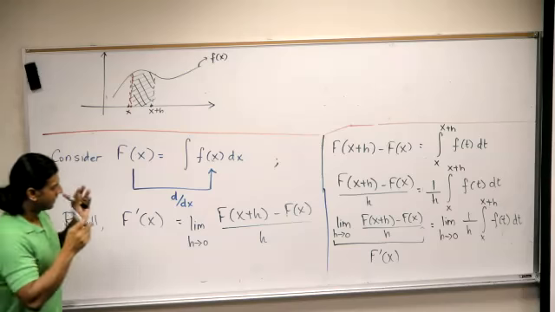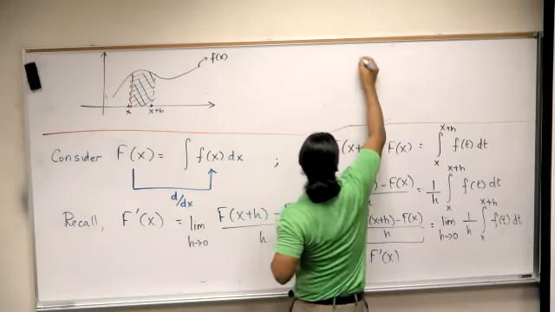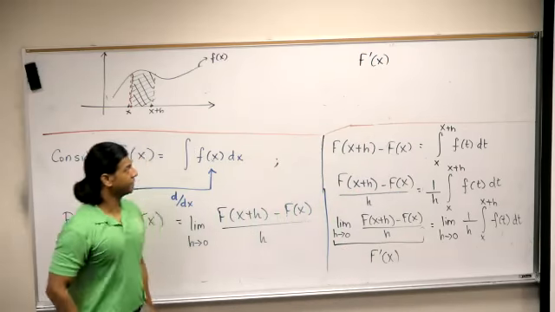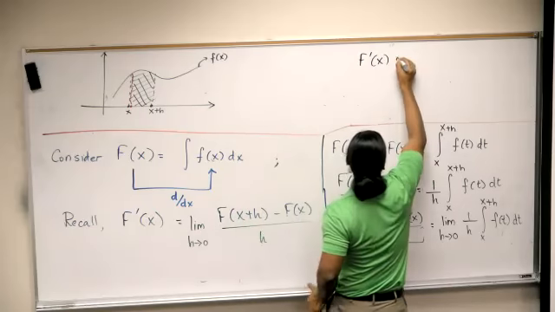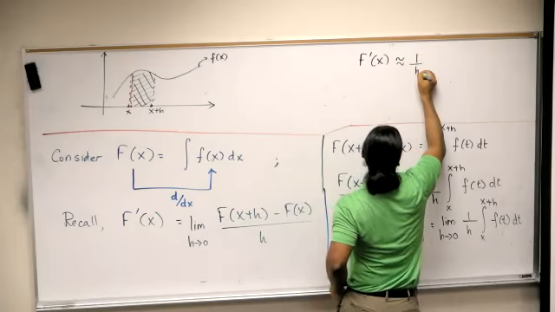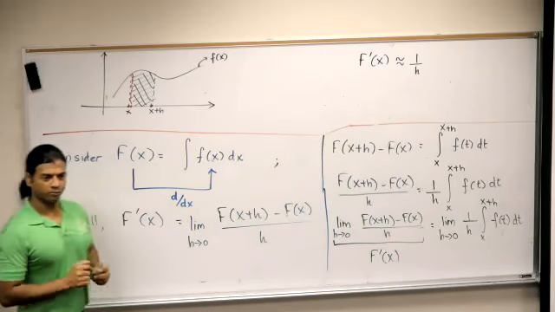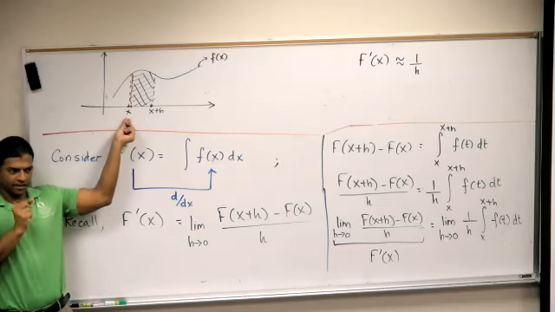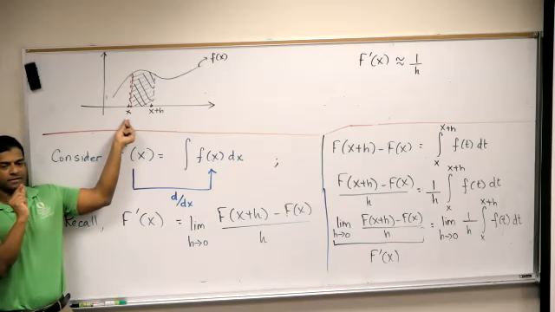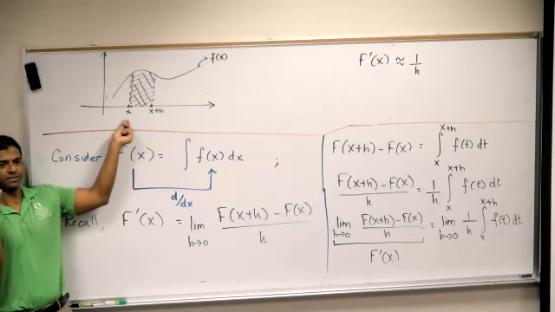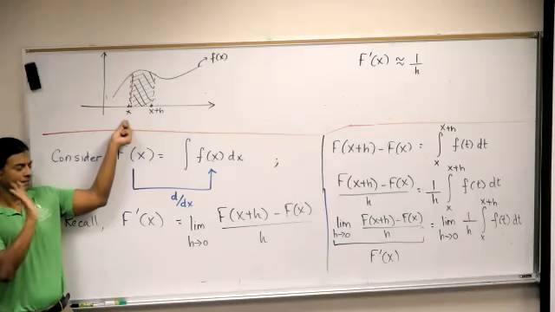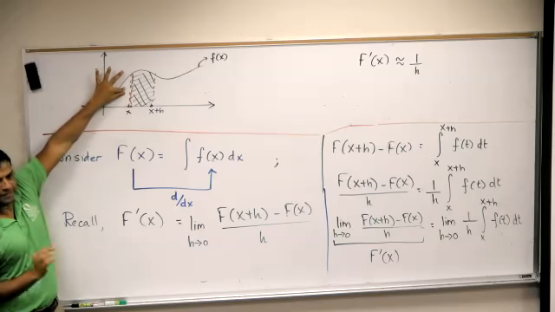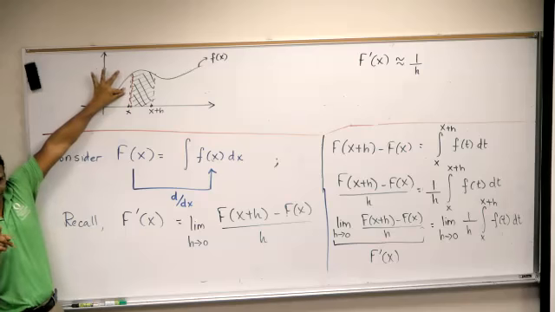Good. I can write F prime of x, which is the limit as h approaches 0 of one over h. Very, very close to each other, but still apart by the amount h. Do you agree? Very small, but still there's an h. Awfully drawn rectangle, but it is a very, very thin rectangle.